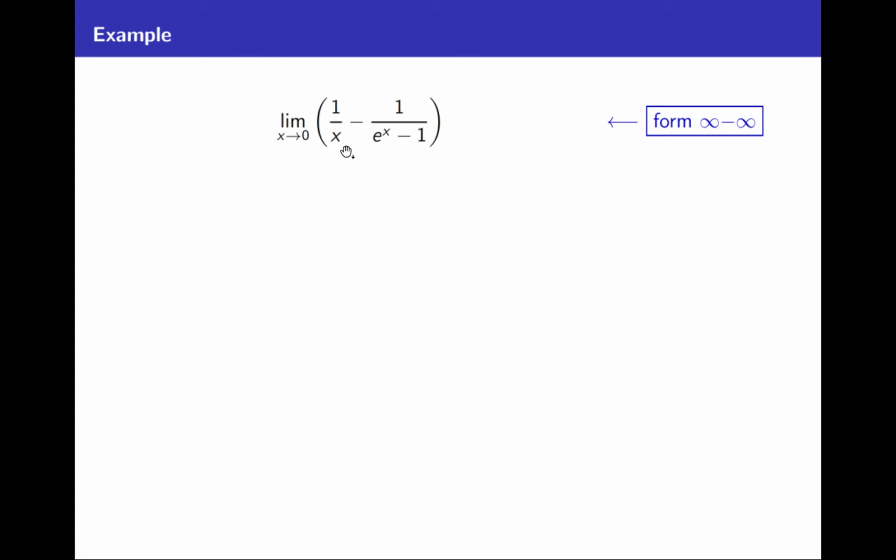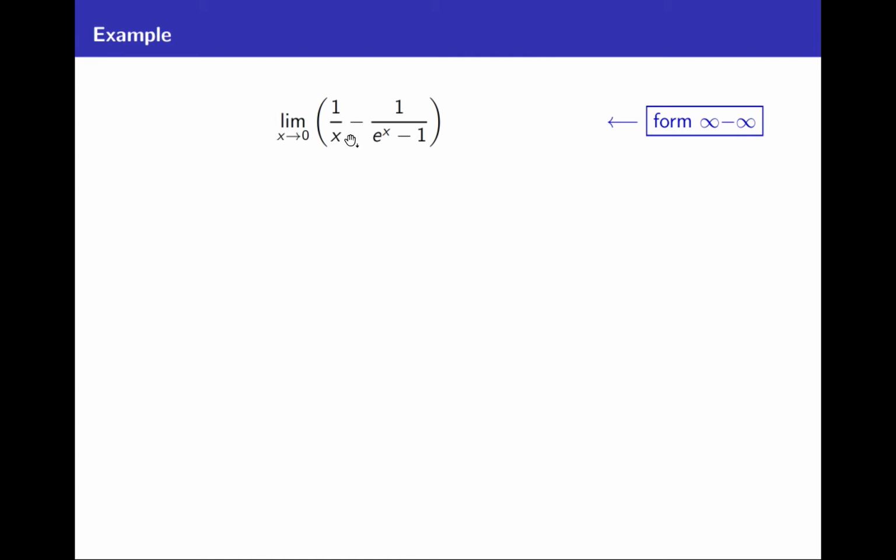The first thing we'll notice is that, as we noted on the previous page, this limit has form infinity minus infinity. As x goes to 0, the 1 over x and the 1 over e to the x minus 1 both approach infinity. So our strategy that we outlined would be to combine this difference into a single term.